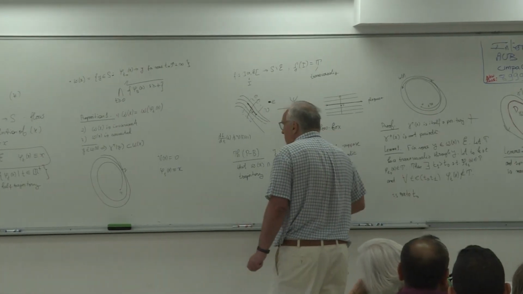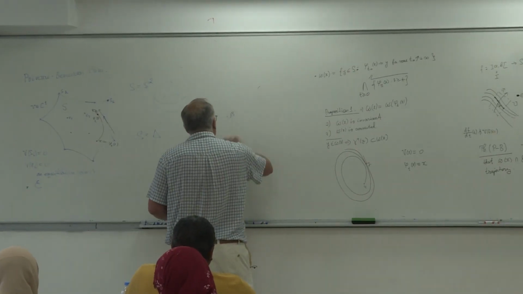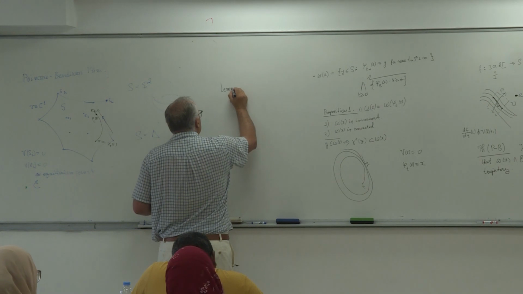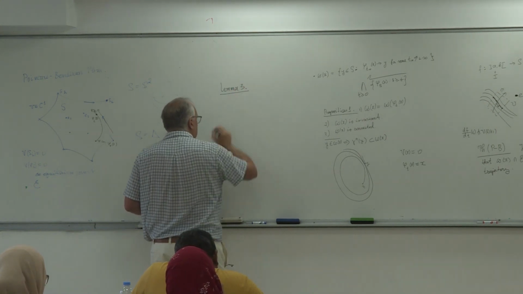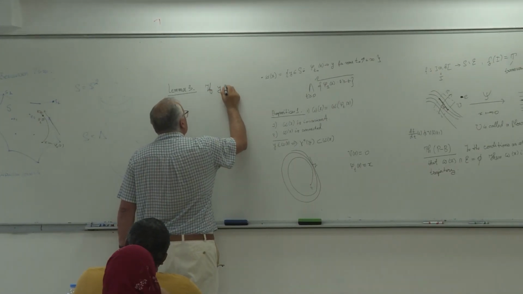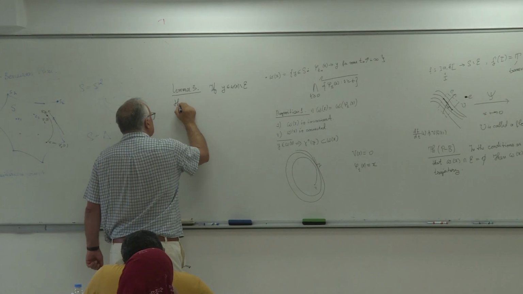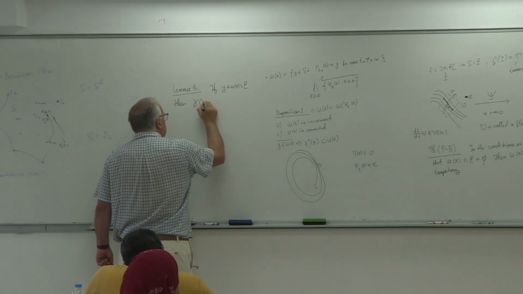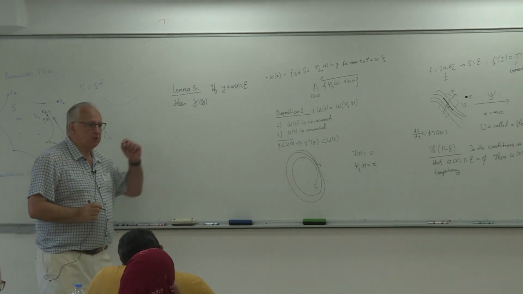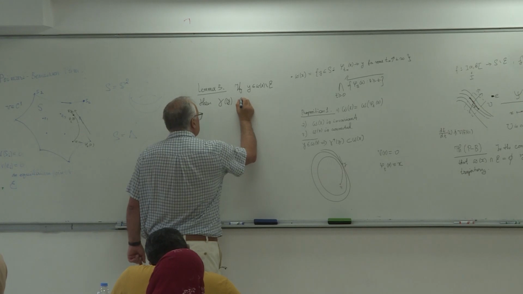Well, now, lemma 3. If y is a limit point which is not an equilibrium, then the complete trajectory, meaning positive trajectory and negative trajectory, exists and belongs to the limit set.